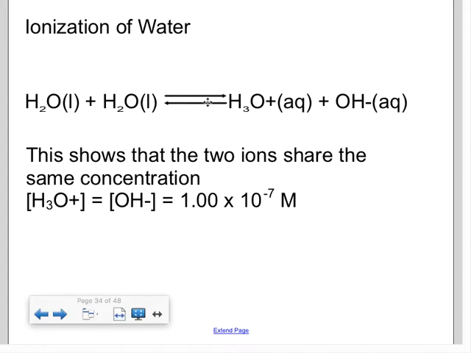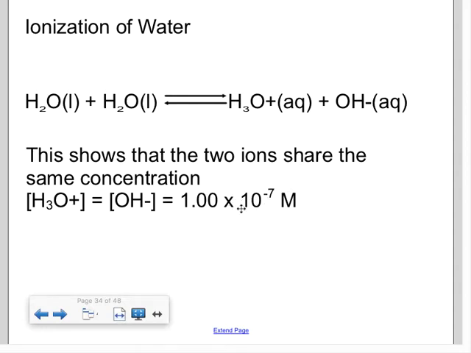It shows that these two ions share the same concentration. Your hydronium and your hydroxide ions are equal to each other to be neutral, in this case 1 times 10 to the negative 7. We haven't talked about the pH scale yet; that's tomorrow's lesson. But the pH scale tells you how acidic or basic a substance is, on a scale of 1 to 14, and it's a power of 10, hence this times 10 to the negative 7.